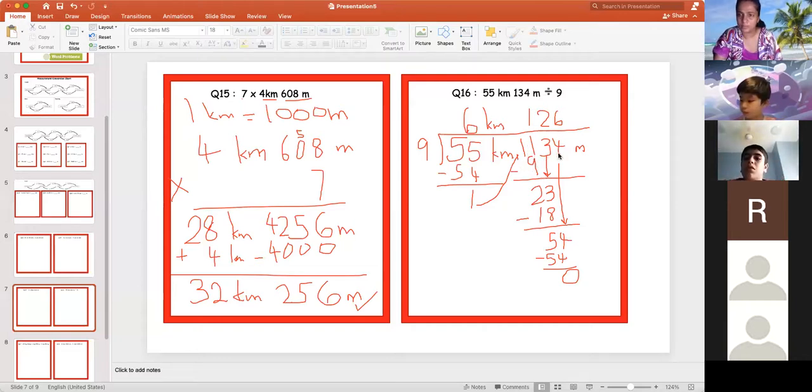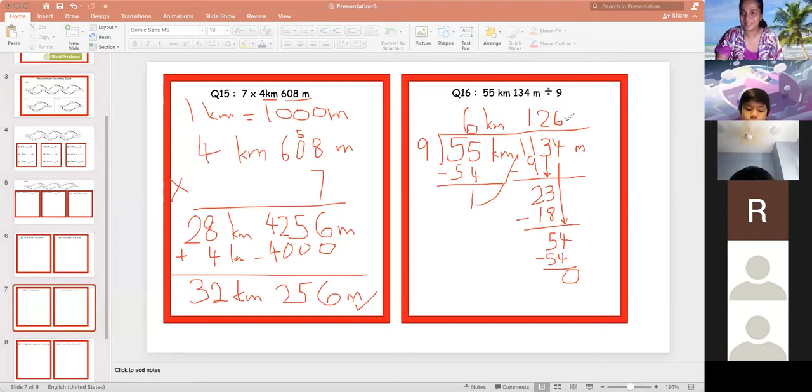Okay, 1134 divide by 9, 1, 9, 2, bring down your 3, 18. That will be 2, 23 minus 18, 5, bring down your 4, 54 into 9. Oh, sorry, 54 into 9, yeah, correct, 6. 6 times 9, 54, so remaining 0. Okay, so your answer is 55 kilometers, 134 meters divide by 9. Kamu akan dapat 6 kilometer, 126 meter.